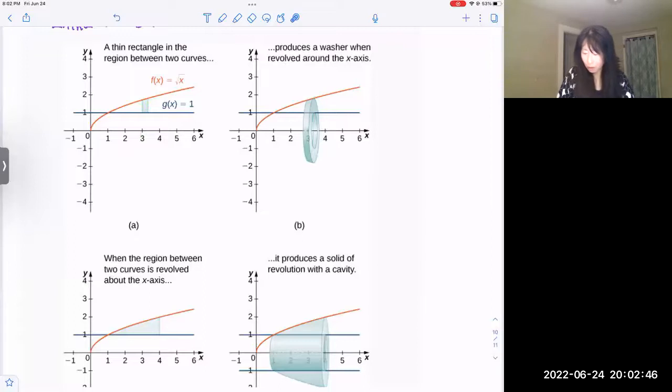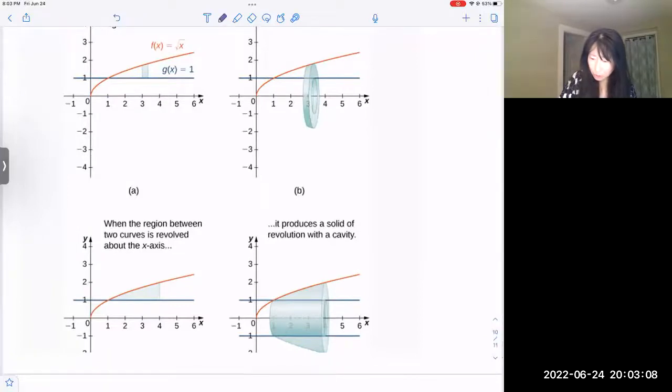Look, I said that revolving about the x-axis means rotating about the x-axis, right? So rotating about the x-axis means reflecting the graph about the x-axis, right? So this line, let me show you, it's 1. Reflect about the x-axis, so it will be -1.